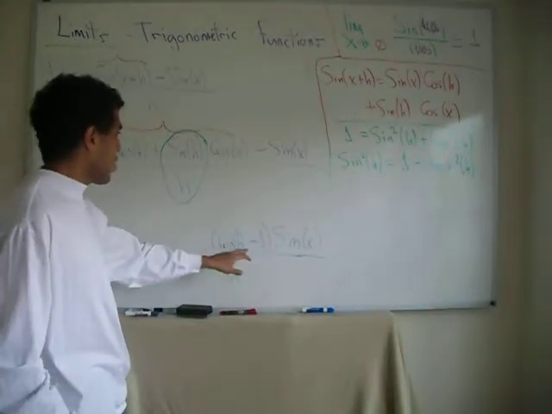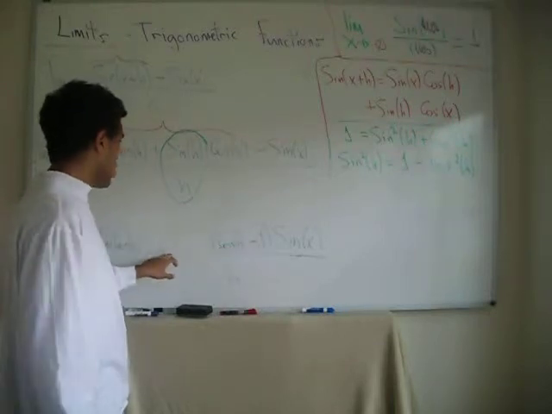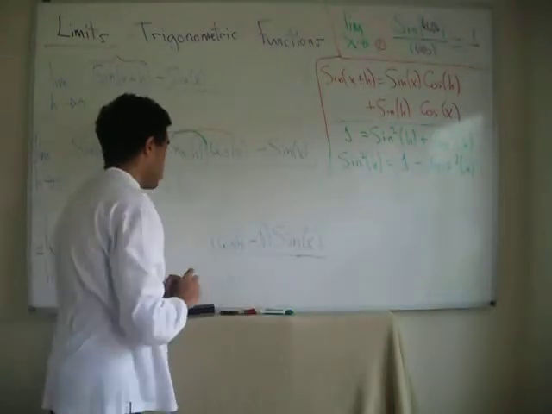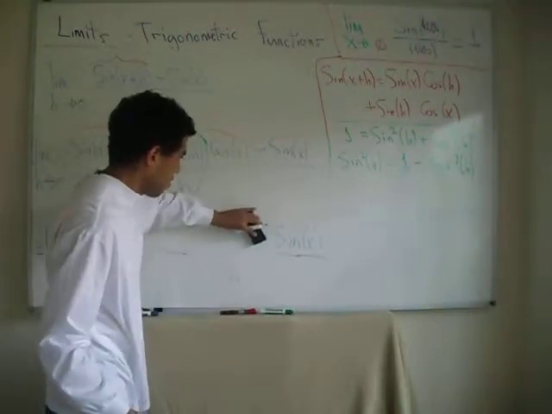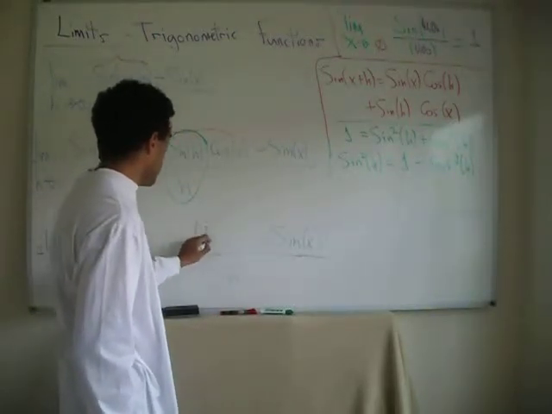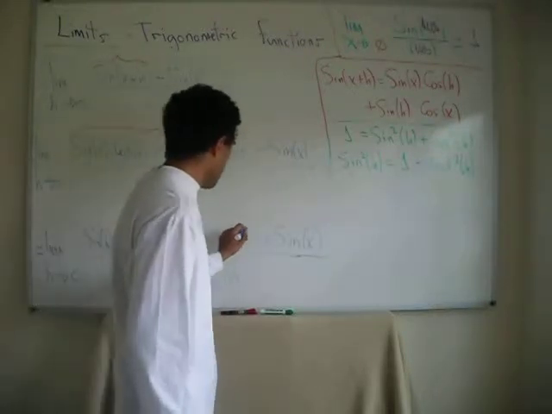So I'm going to extract minus 1 common factor right here, and minus times plus is minus, so this is going to end up like a minus. And I'm just going to rearrange this expression to look like this. Since I have minus 1 as a common factor, it ends up looking like 1 minus cos of h.